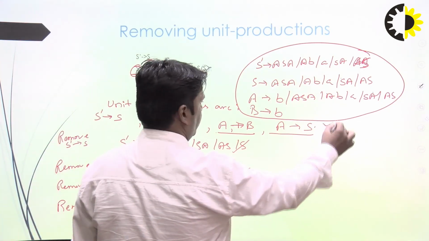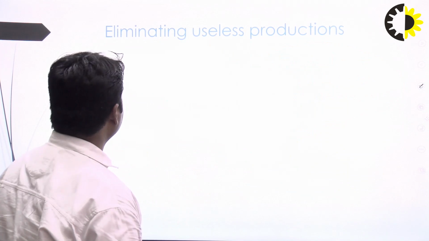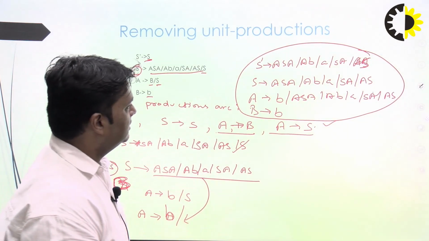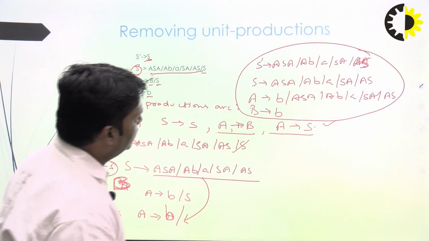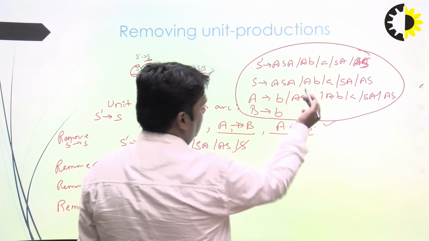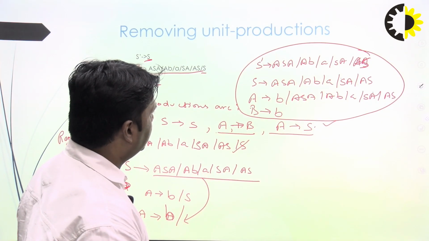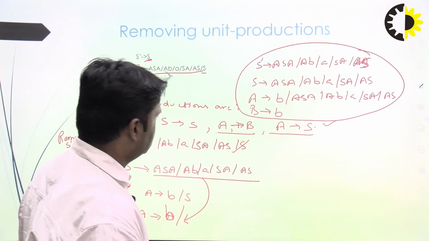Now the next step is eliminating useless symbols in this production. Here no useless symbol is used, that is, no symbol that does not derive any language.